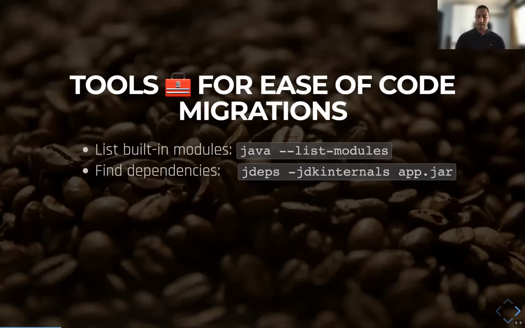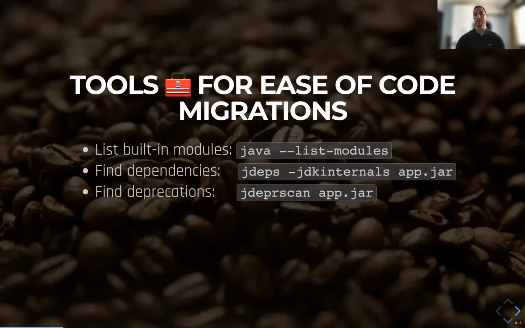Also you can use jdeps to see the dependencies, and also see which APIs, methods, classes, packages are deprecated. It also gives you a hint sometimes about the new tools inside the JDK you can use as a replacement. This is very important, so these tools are very important when it comes to migration.